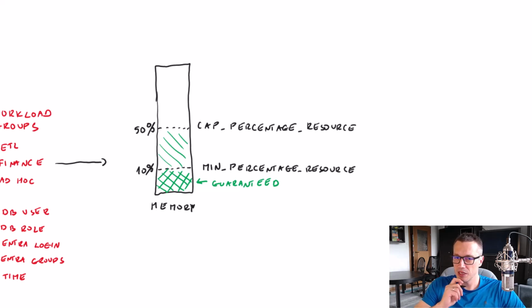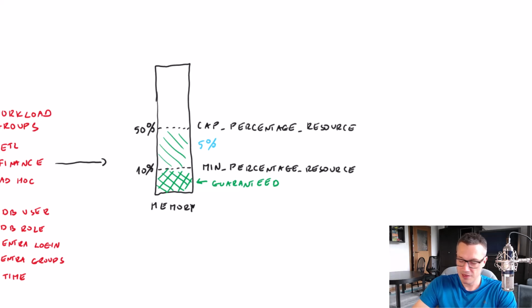So let's say that you would like to set 5% of the memory and CPU. Let me change the color to blue. So, for example, we would like to set the amount of memory that is available to every query from our finance department to at least 5%.